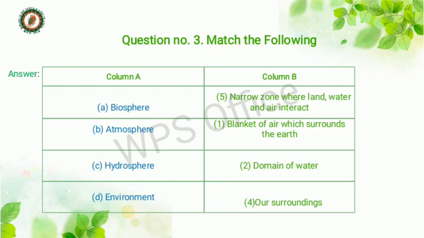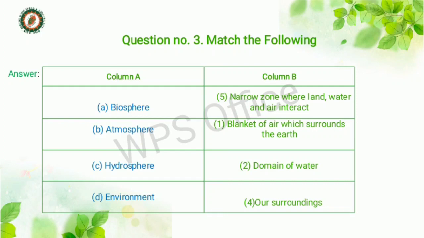In column A, option A, biosphere, will match with column B, option number 5, that narrow zone where land, water and air interact. Next one, in column A, it is B, atmosphere, and it will be matched with option number 1 in column B, that blanket of air which surrounds the earth.